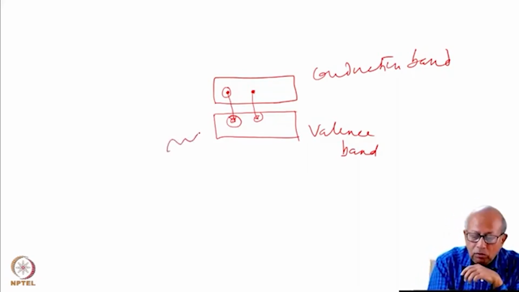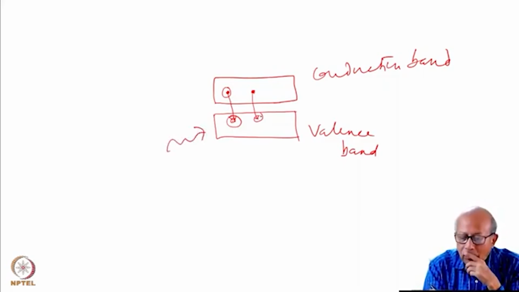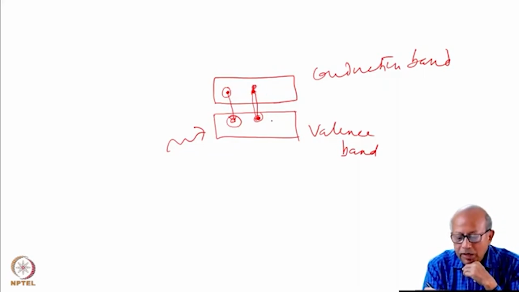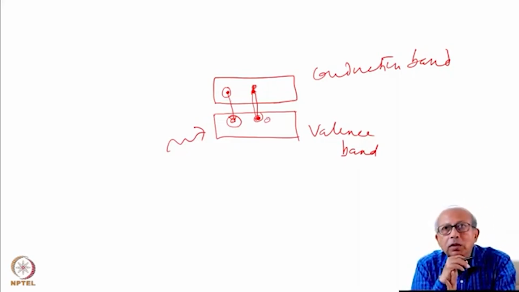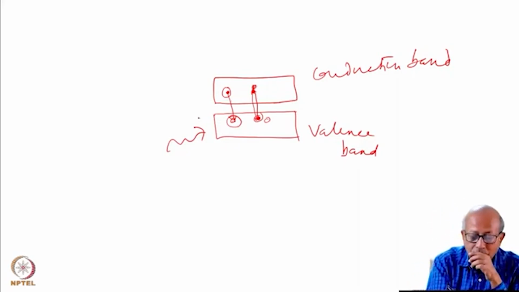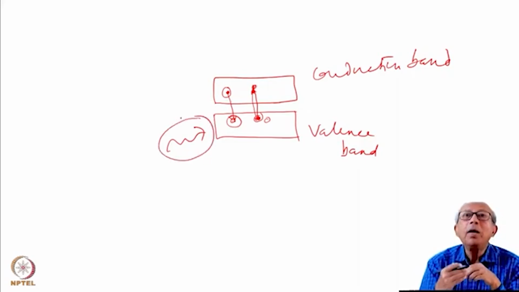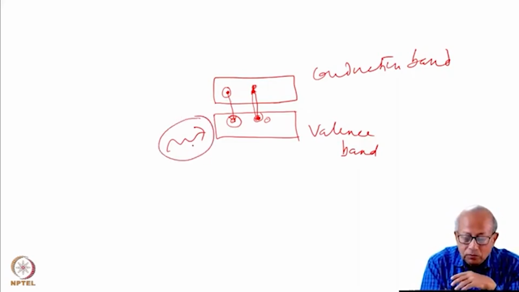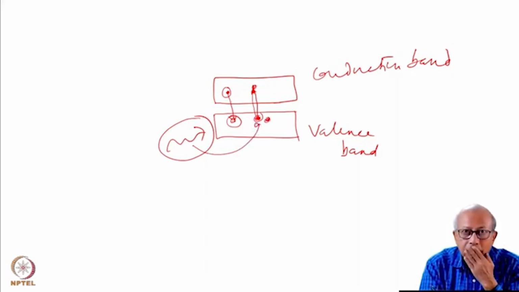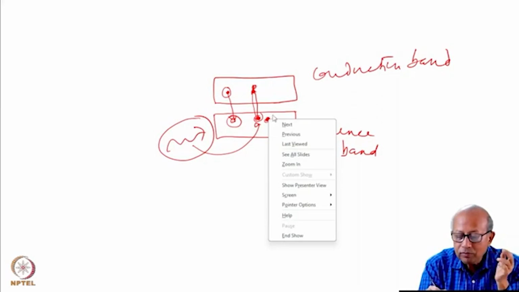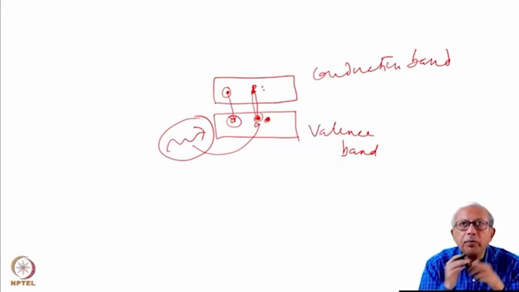And these photons which are being created can also be absorbed by these electrons here, and the electron will jump up to the excited state, the conduction band, and create a hole. So in order to create population inversion, the rate at which the photons are being created must exceed the rate at which these photons can be absorbed by the electrons in the valence band, which will create a hole and electron pair.